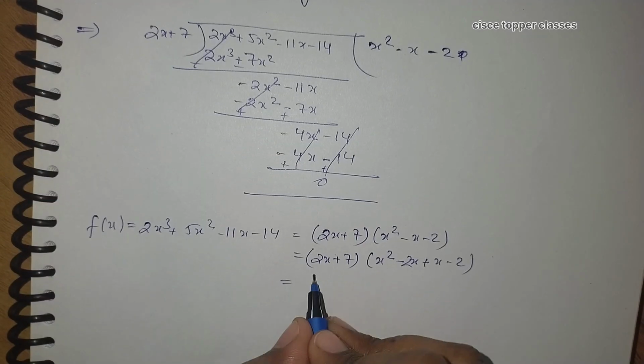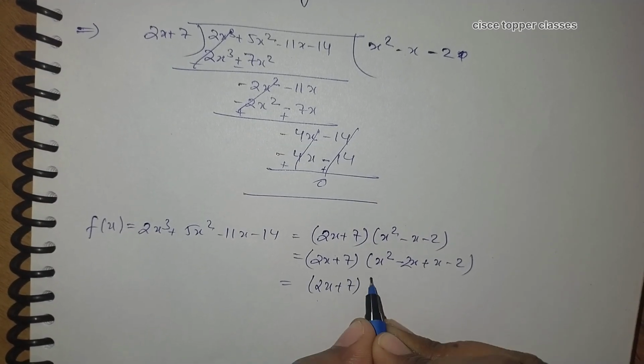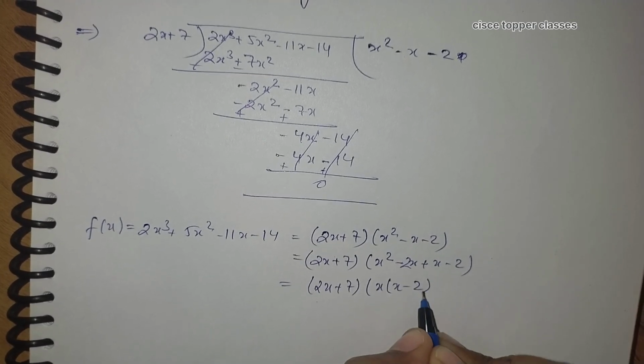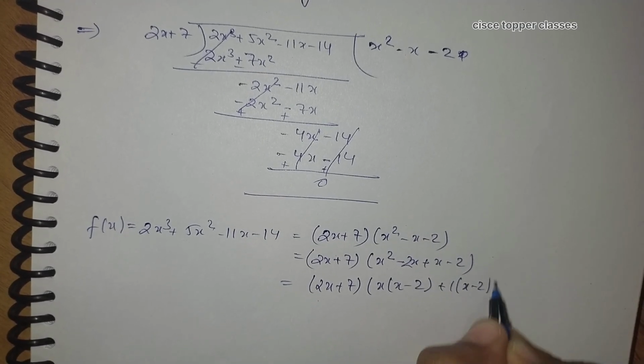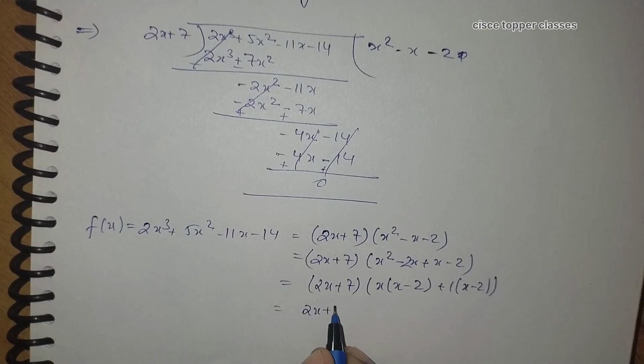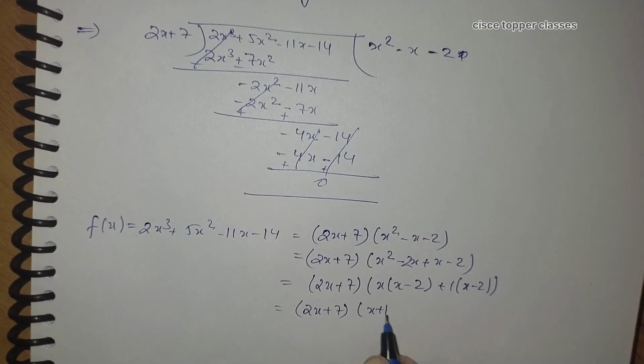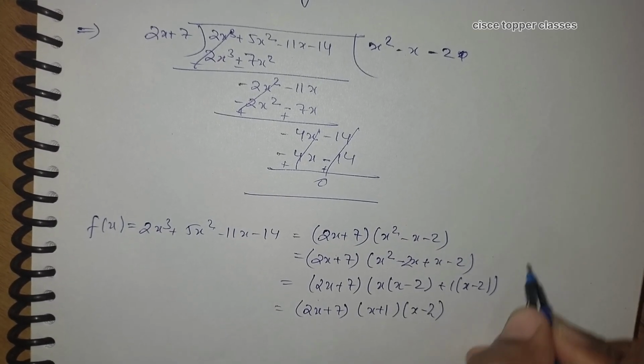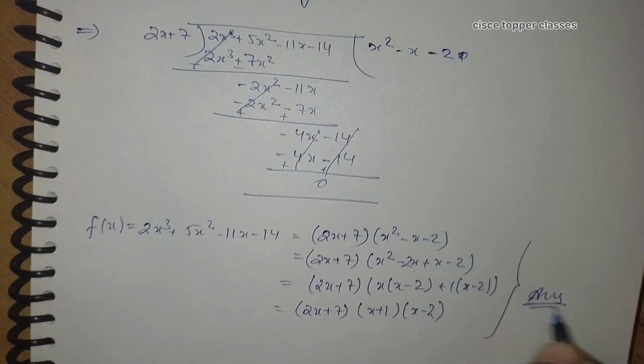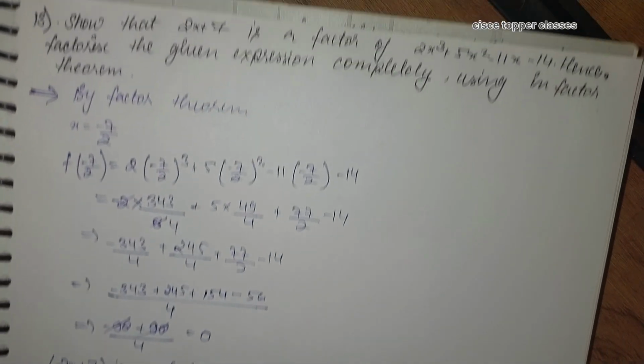Factorizing this quadratic equation, taking x common, x minus 2 plus 1 times x minus 2, that will become 2x plus 7 into x plus 1 into x minus 2. So this is the answer on factorizing, and this is the final solution of question number 13.